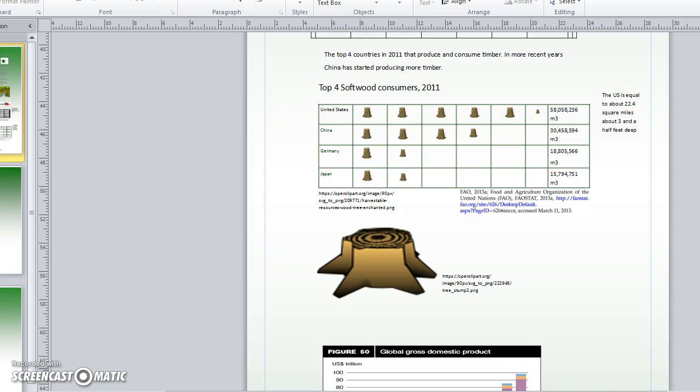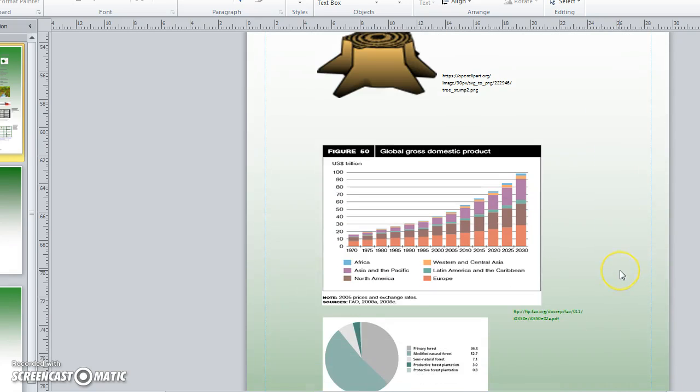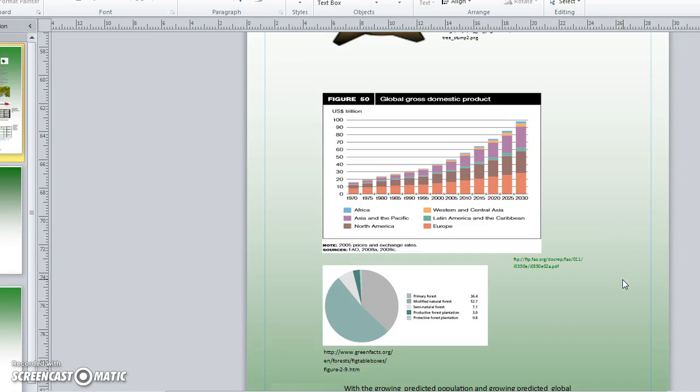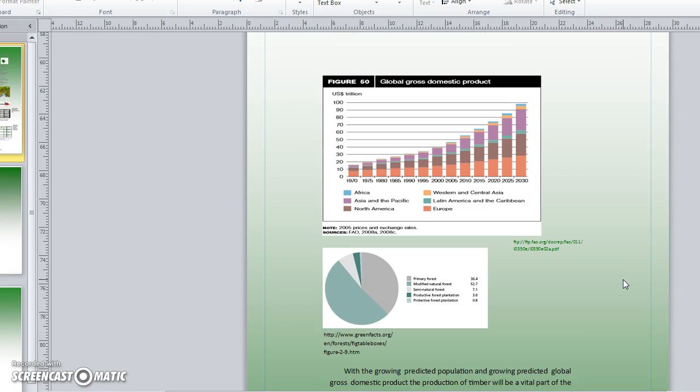Okay, now the last two charts that I put on here, at the bottom, are an attempt to show kids how important trees will be to our economies in the future, and where we get our lumber now, and possibly where we will get it in the future.